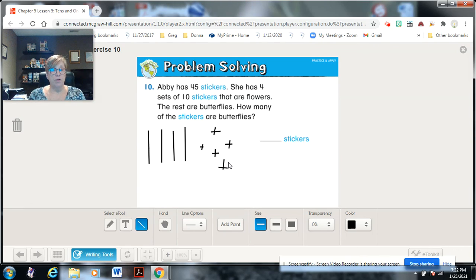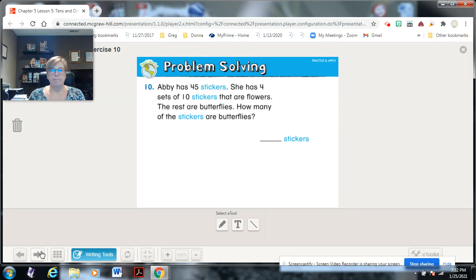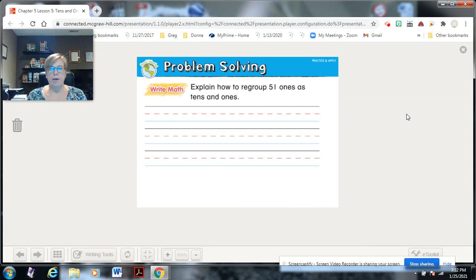So that must be these, right? 1, 2, 3, 4, 5 stickers are butterflies. Okay, 5 stickers. All right, so let's check our answer. That's right, 5 stickers.